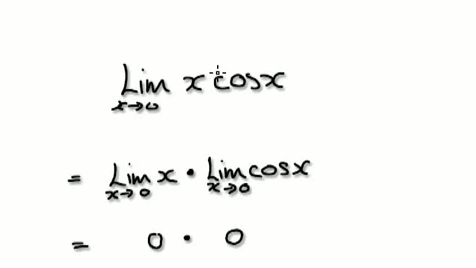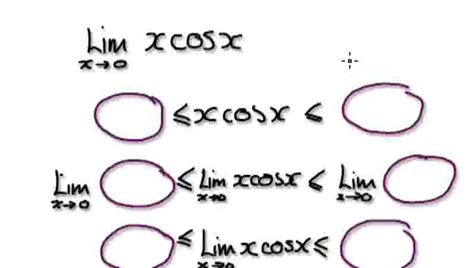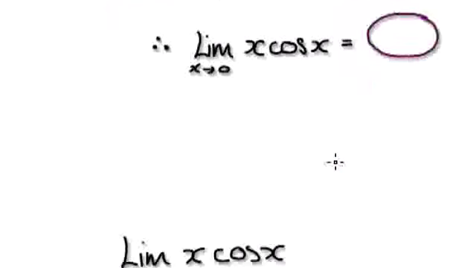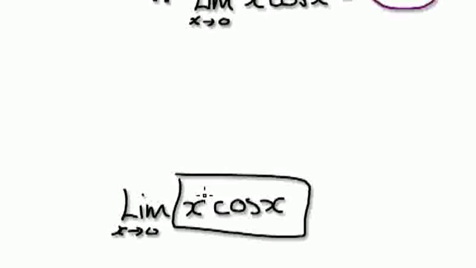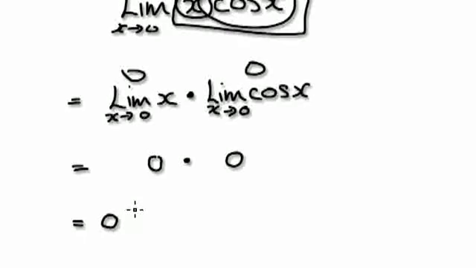I gave you this problem just so that you can practice using the squeeze theorem. But an easier way is just to break into this thing here. Take the limit of this, take the limit of this here, and this thing here is 0. So 0 times 0, and then it equals 0.